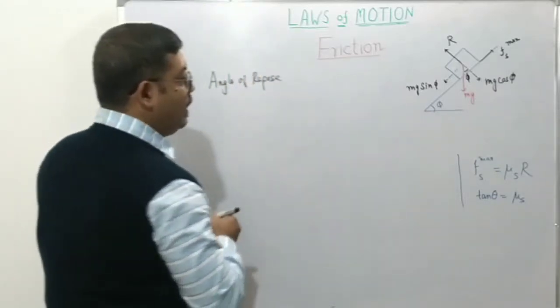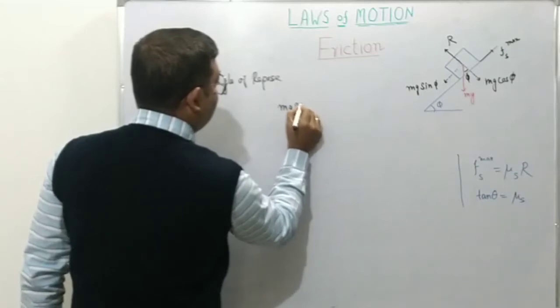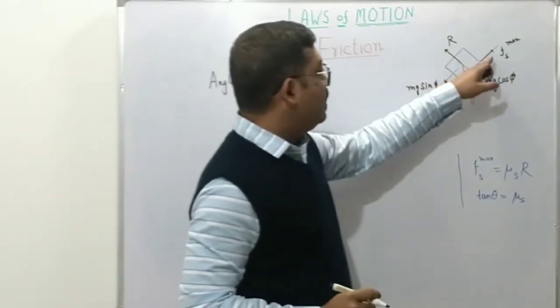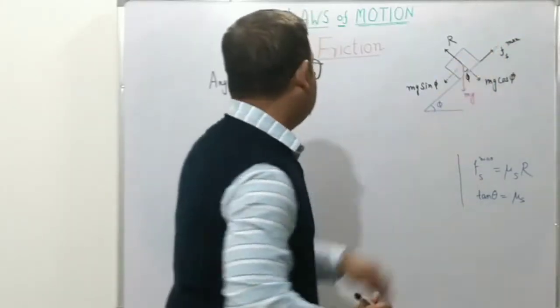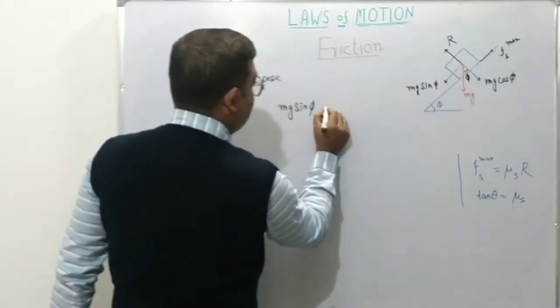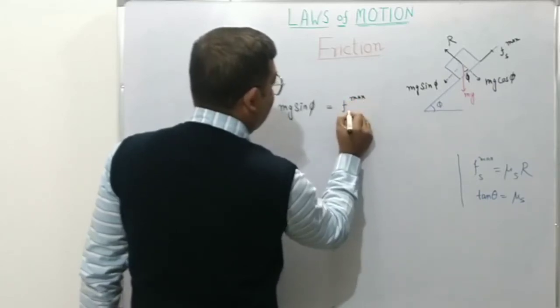Along the plane, there is a net downward force mg sin phi, and then there is a frictional force opposing it along the plane. So, since the object is in equilibrium, this must be equal to the limiting friction.